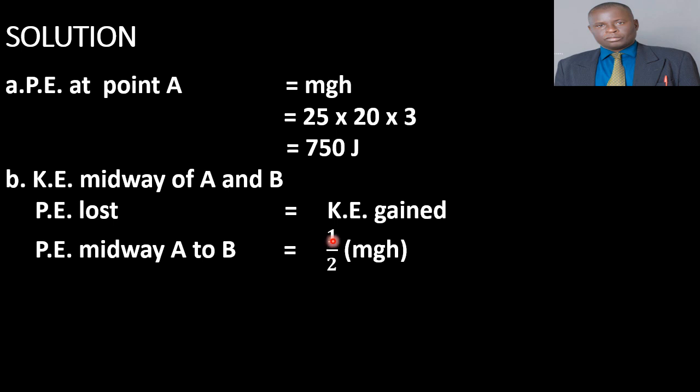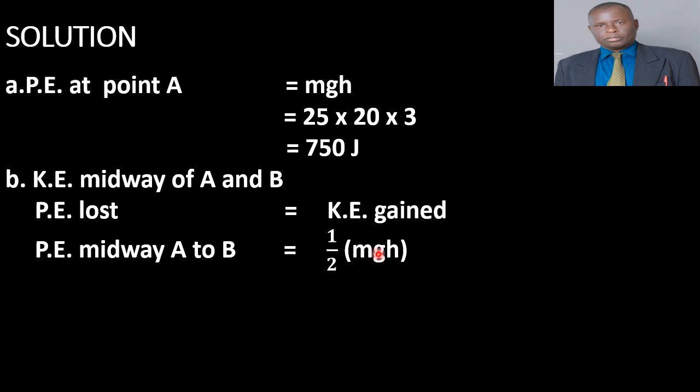So you take half of the original energy, and that potential energy now becomes kinetic energy. The energy is going to be half of the energy that the girl had before sliding from point A going down.